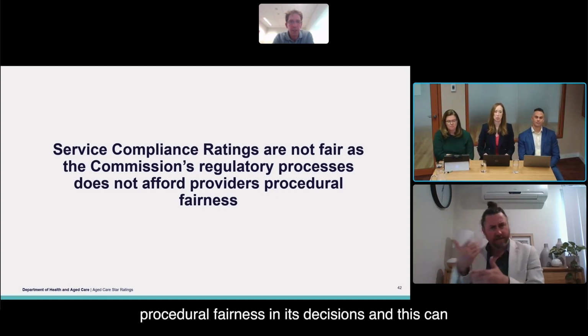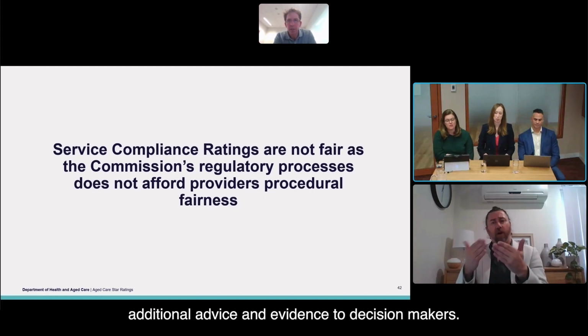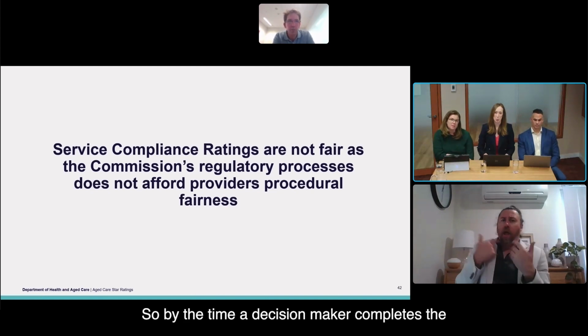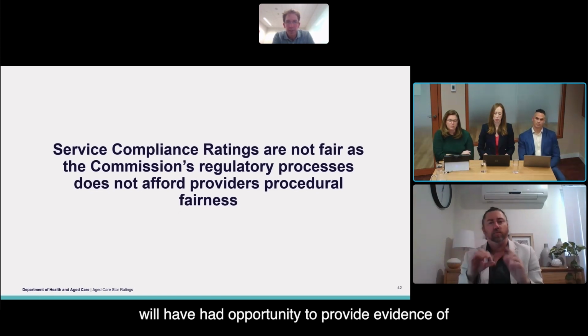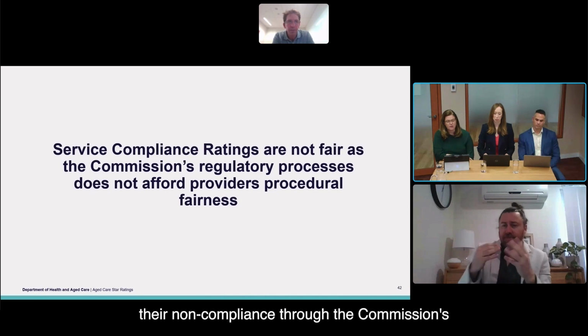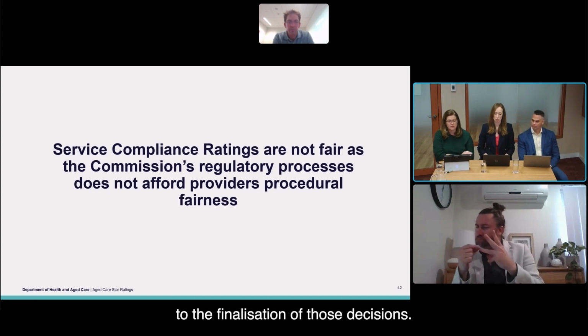And this can include opportunities for providers to provide additional advice and evidence to decision makers. So by the time a decision maker completes the original decision of non-compliance, providers will have had opportunities to provide evidence through the Commission's engagement and monitoring processes, and often prior to the finalisation of those decisions.